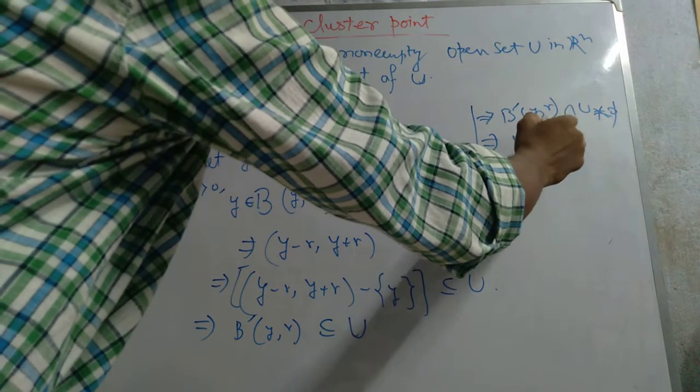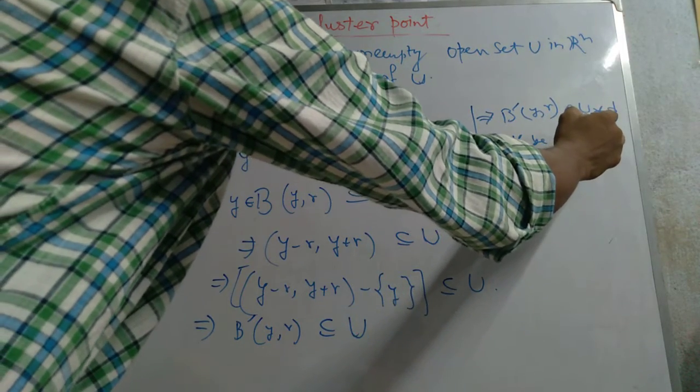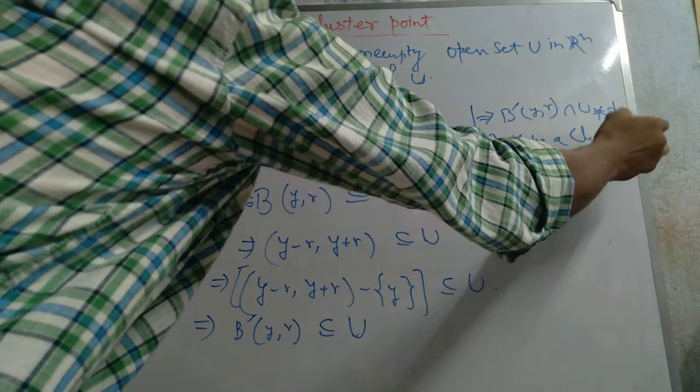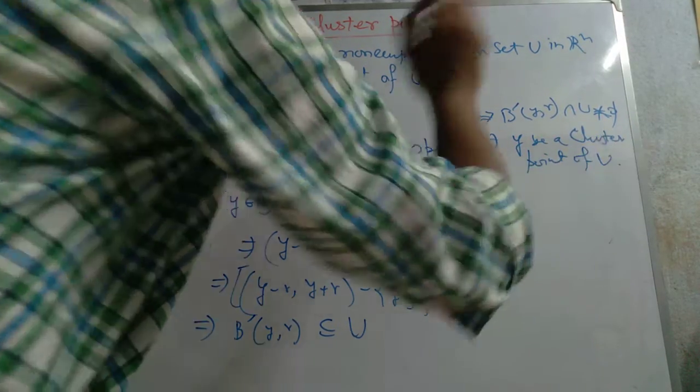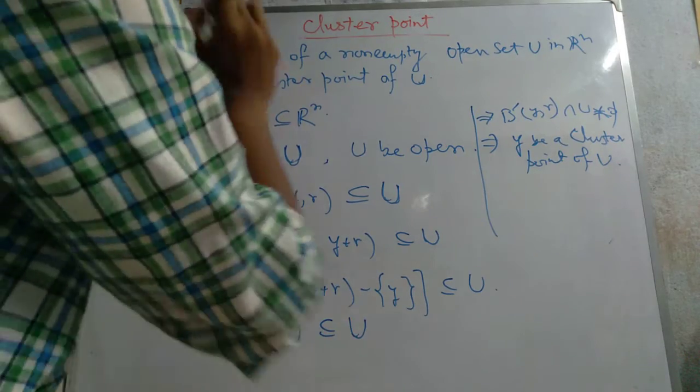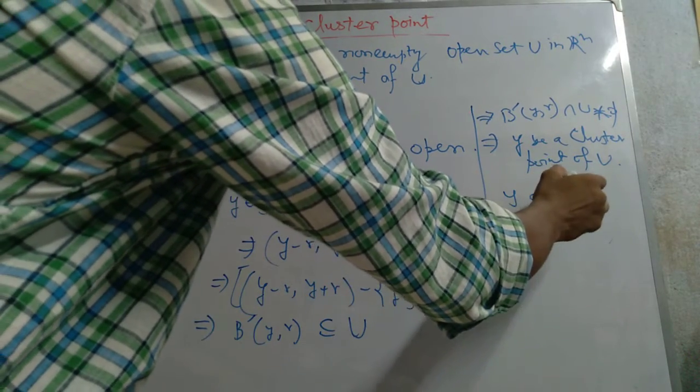So y is a cluster point of U. Then y is arbitrary, so we write y arbitrary.